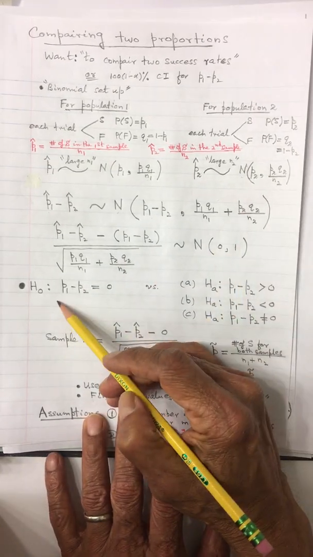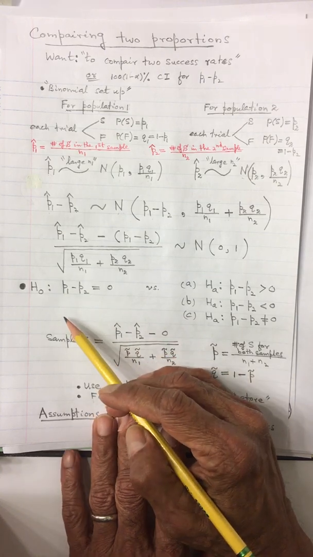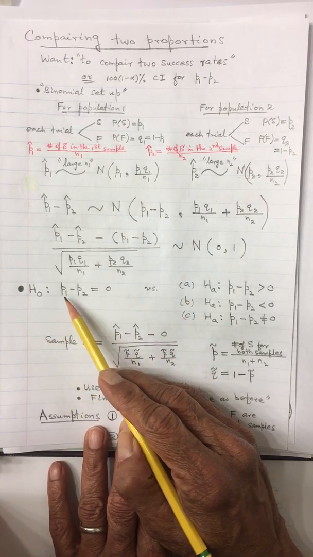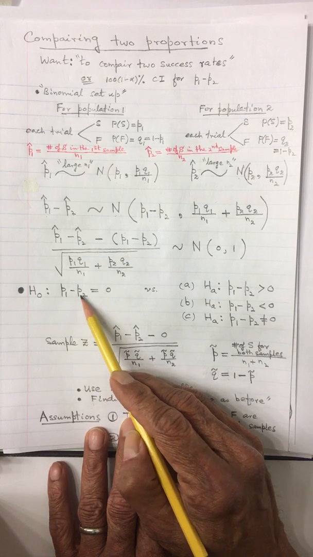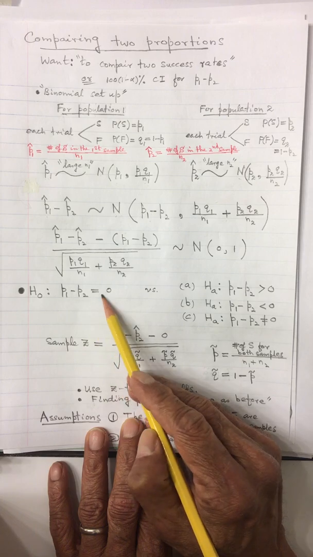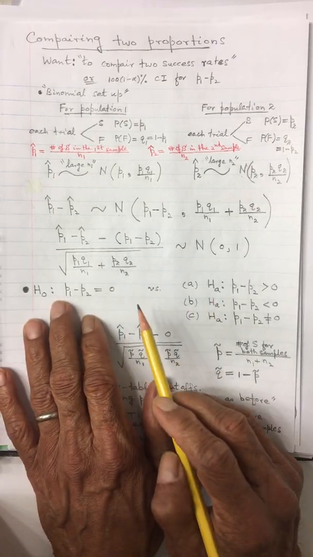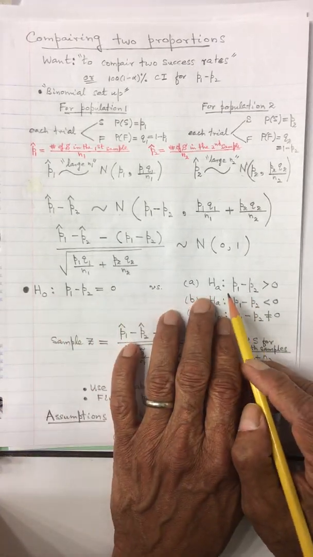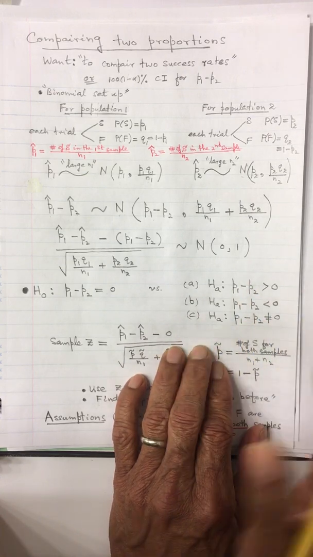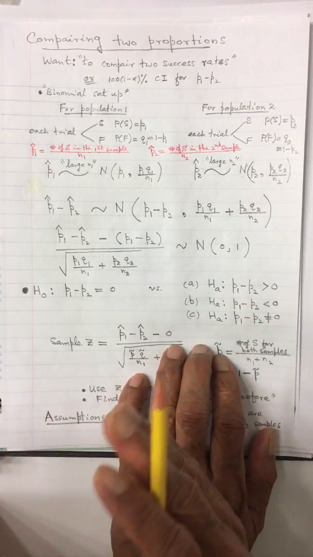Let us look at the hypothesis testing. We want to compare these; in other words, we want to see whether P1 equals P2, or in different words, P1 minus P2 equals 0. For the alternative hypothesis, we want to test one of three alternatives. This is very similar to what we did with the means.